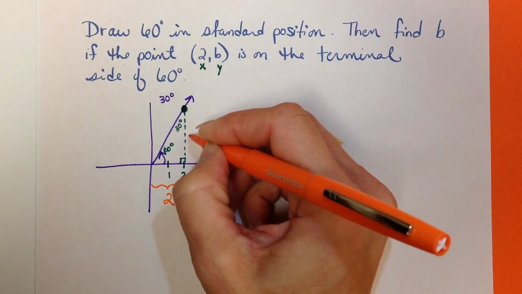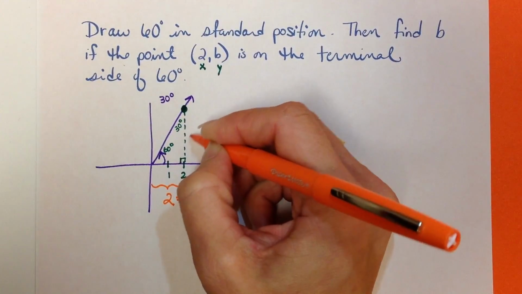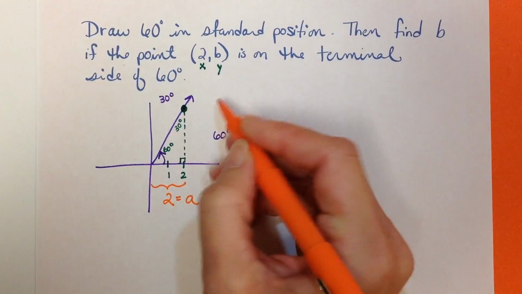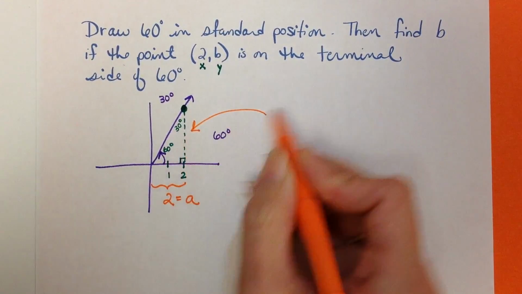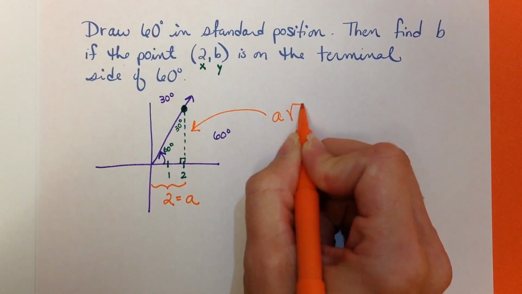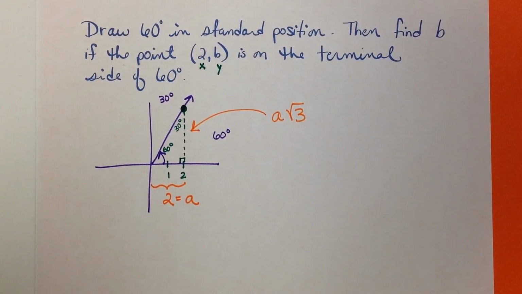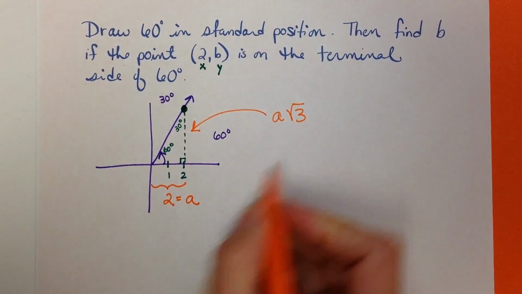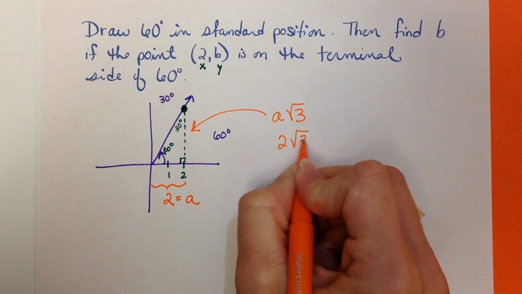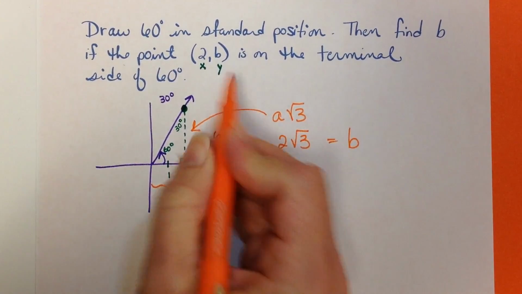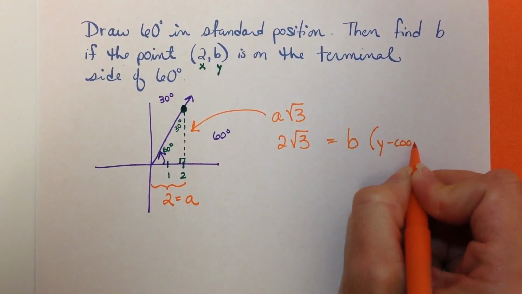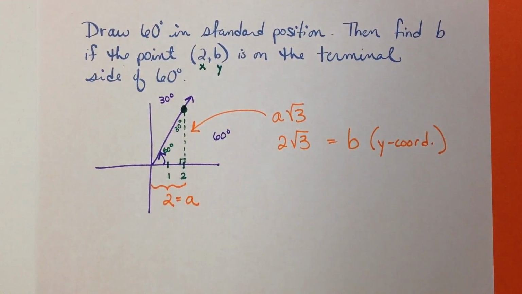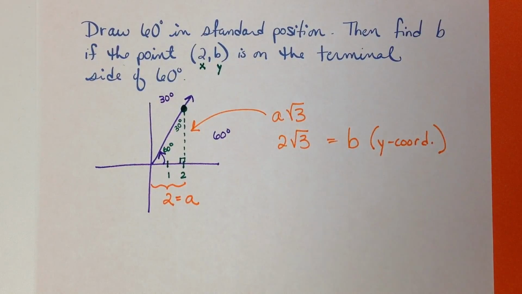This is the side that we're looking for, our Y value that they're referring to as B. Well, what I gave you for this side that's opposite the 60 degree angle is A square root 3. So we've just discovered A is 2. So this, what they're referring to as B, which is the same thing as your Y coordinate, would have to have a value of 2 square root 3.